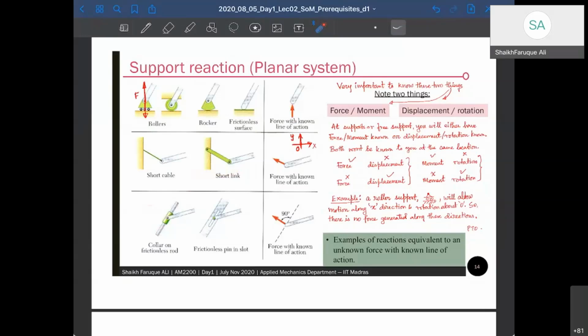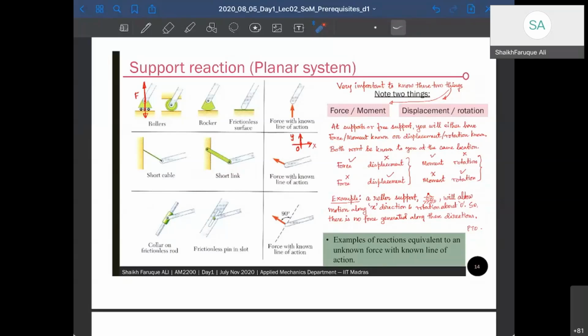Suppose there is a room, a big room or a small room, packed with people. Suppose you are one of them, and you are trying to move towards the exit. You will not be able to move if there is a lot of resistance from other people. You have to overcome that force to move.